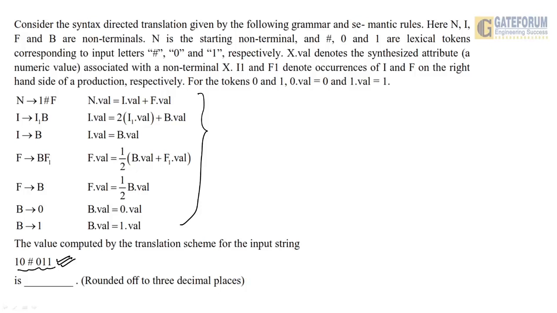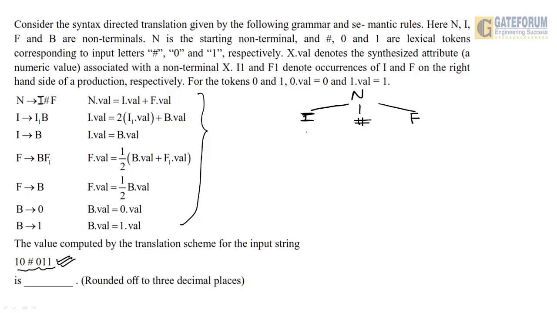First of all we need to generate that particular string. So for that, we need to start with N. Now from that N, it is given that I hash F. Actually in this it is not 1, it is I, so just correct this.